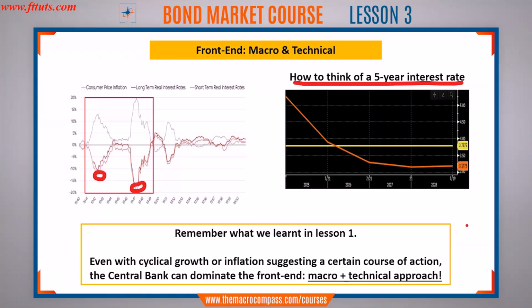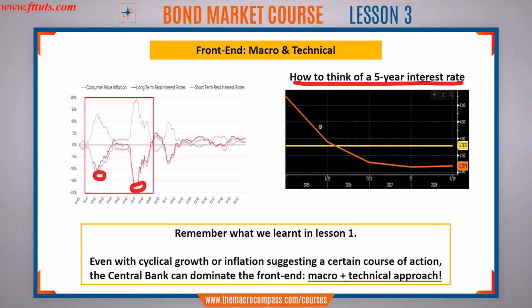That way you will be able to incorporate in your understanding of front-end bond yields what the central bank dynamics are here. If there is a dominance of the central bank reaction function, of monetary intervention by the central bank, this will be reflected in a technical approach rather than in the macro approach.